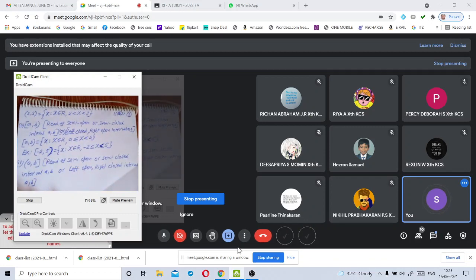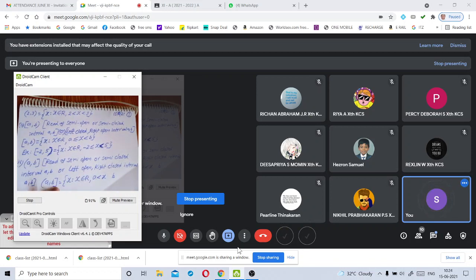Okay, my children. Now we write this interval in the set builder form as the set of all x such that x belongs to R. We write this number A, in the middle write x, and then here B. Before A, a small bracket is used, so in this gap keep the less than symbol.